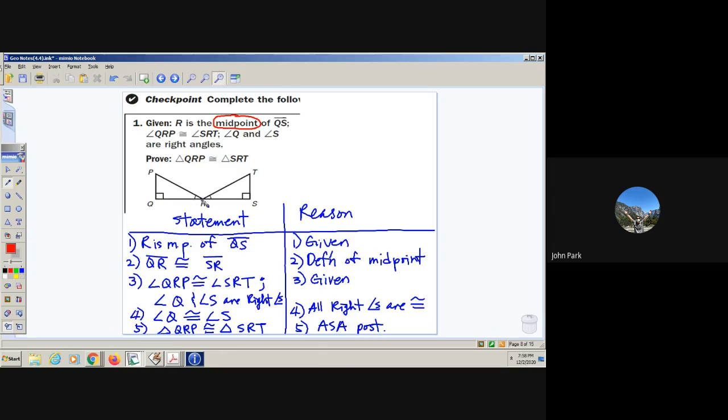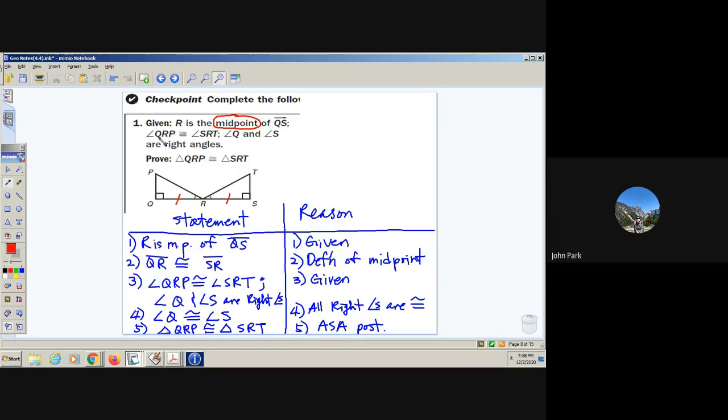That means you're going to get two congruent segments here. So this segment and that segment are going to be exactly the same because R is in the middle of the whole thing. So segment QR is congruent to segment SR, right? And that's the definition of a midpoint. As soon as you hear or see midpoint, you can get those congruent segments, right? That's the definition of midpoint.